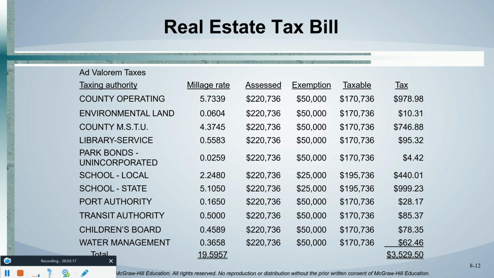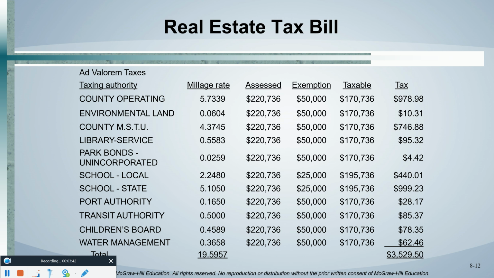Basically the way the tax bill works is there is an independent property appraiser that appraises or assesses all of the property within the government boundaries. And the local government officials, elected officials, will actually vote on what's known as a millage rate. Millage rate basically is just a percentage rate.